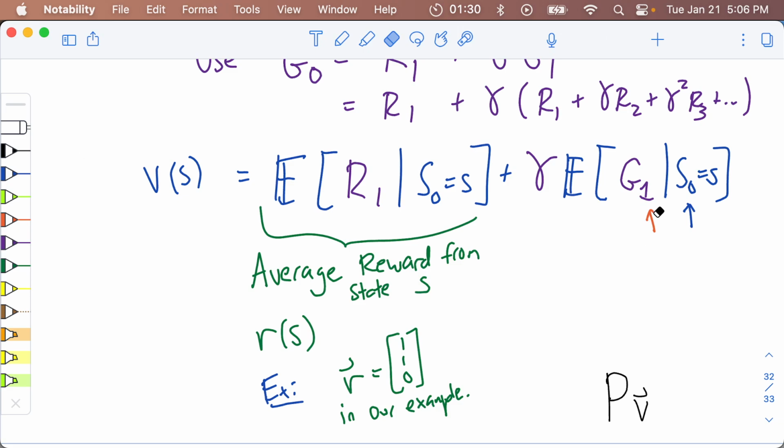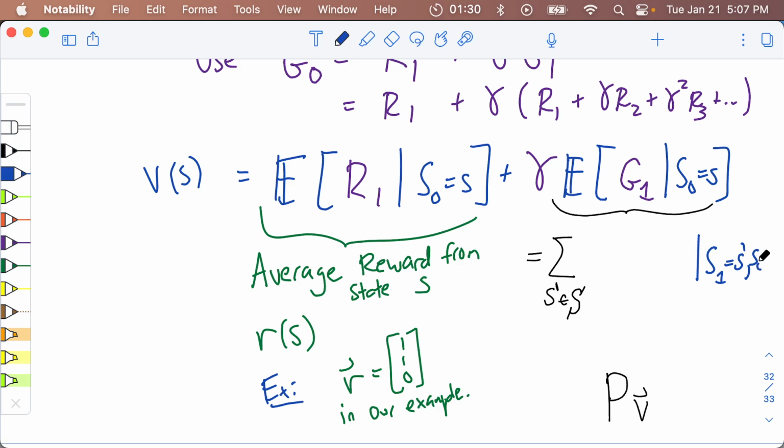So all you got to do is write, given S0 equals S, why don't we say what happens at time 1, right? And at time 1, a bunch of things could happen, right? So this expected value, if you want to know what it is, you write it as the sum over all possible states S prime, and you say, what happens at state S prime? So instead of being given that S0 equals S, why don't we say we're given S1 equals S prime and S0 equals S?